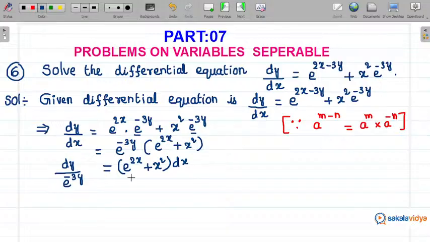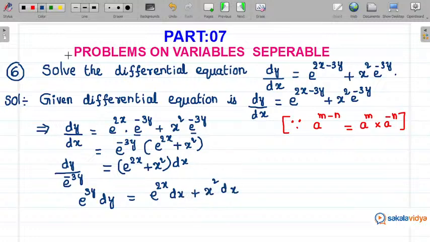So, variables are separated now. So, what shall we do now? Here this can be written as e to the power of 3y dy equals e power 2x dx plus x square dx.